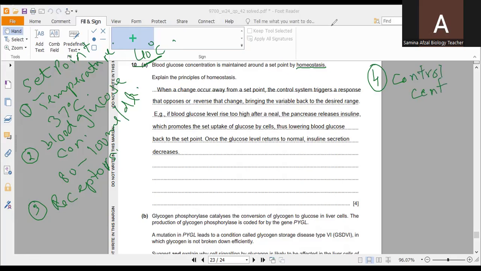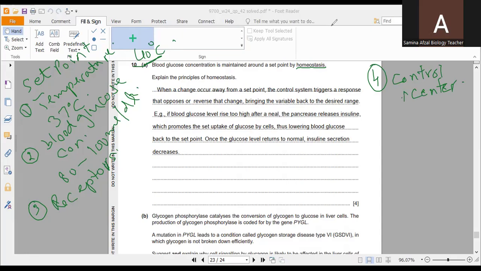The control center will receive information from the receptors and process it. It compares the detected level of the variable to the set point and determines the appropriate response needed to restore balance. The brain, particularly the hypothalamus, often acts as a crucial control center.